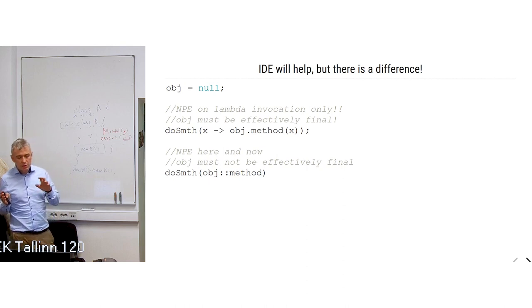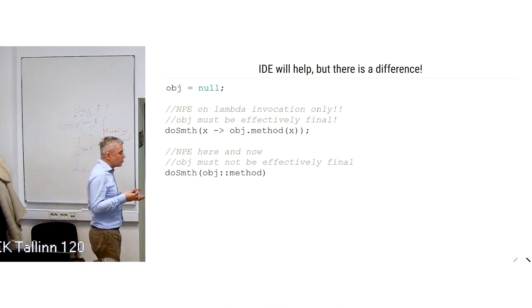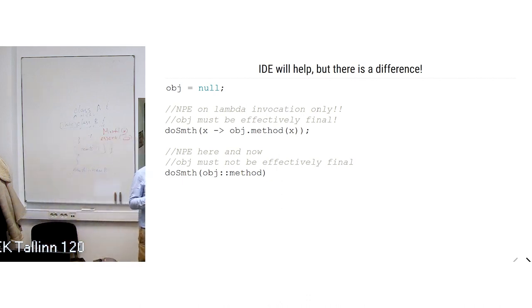Okay, and talking about lambdas and method references, one might ask, are they always equivalent? Because in many scenarios you can change a lambda to a method reference, and in many scenarios you can change a method reference to a lambda.